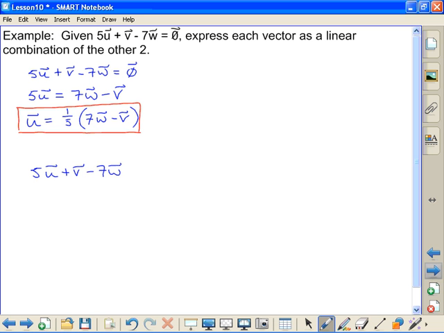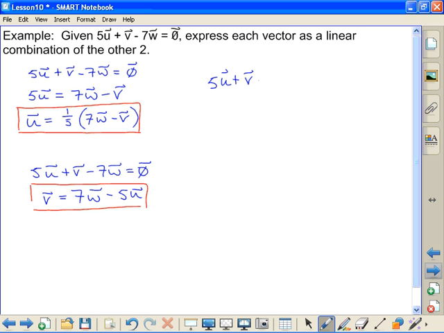Quickly finishing up the other ones then. The V vector's nice because it's already isolated in terms of no coefficient. So it's simply equal to 7W minus 5U. And finally, 5U plus V minus 7W equals the zero vector.